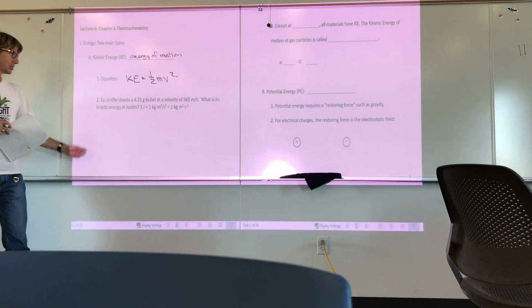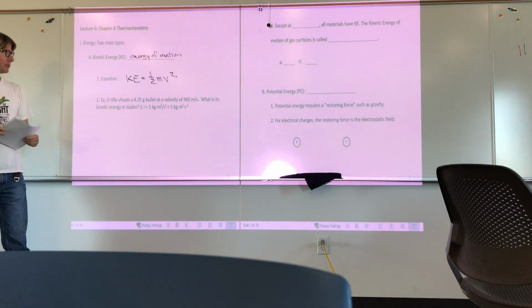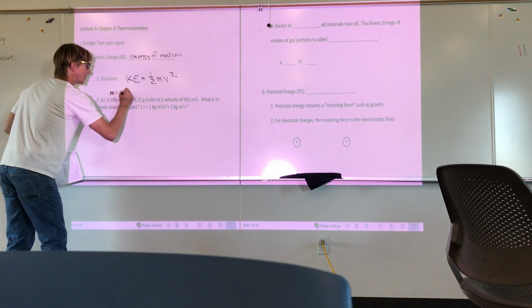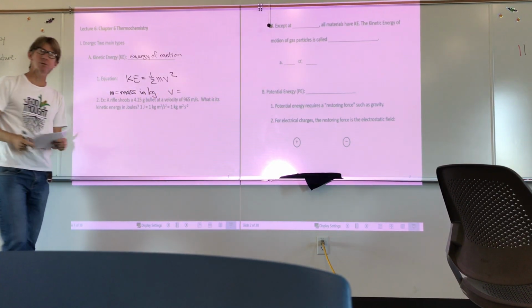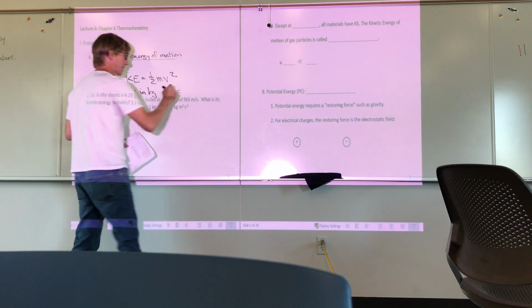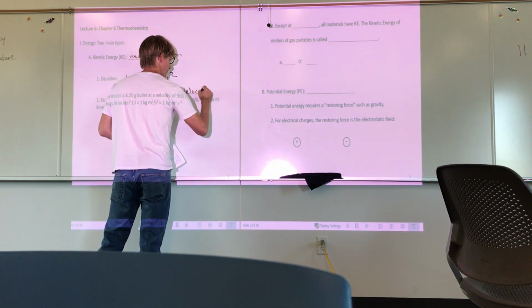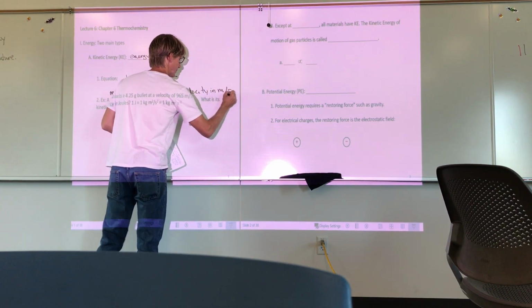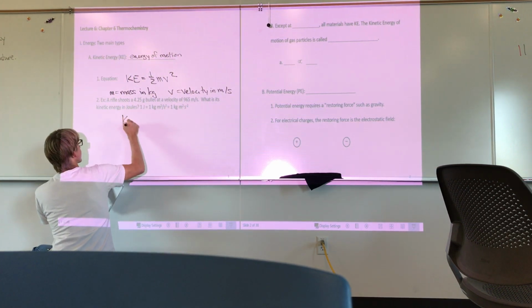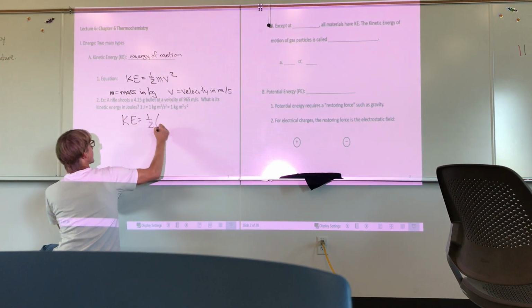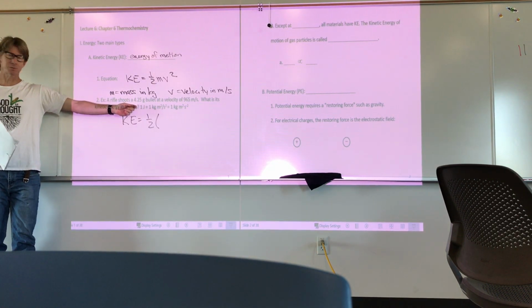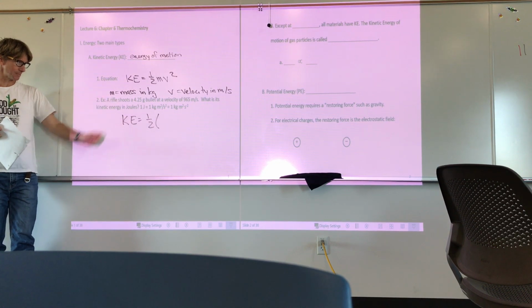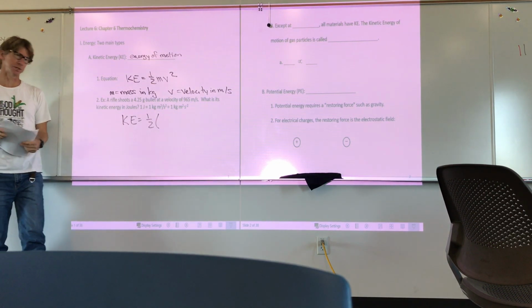Well, let's do this calculation. Kinetic energy equals 1/2 mv squared. Mass has to be in kilograms. V equals velocity in meters per second. Converting 4.25 grams into kilograms, move the decimal point 3 places over, 0.00425.